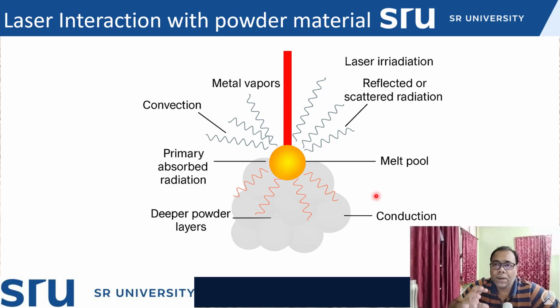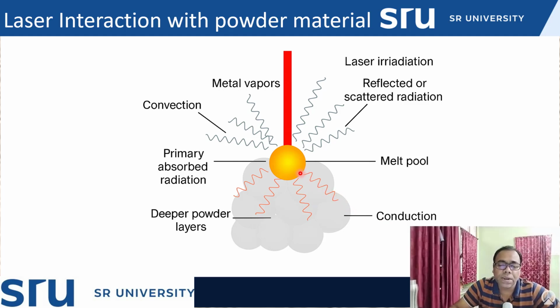When the laser energy falls on the powder material, some of the energy will be reflected back, some will be transmitted into the powder, and some will go for reflections also. So not all the energy goes to heating; that's why there will be some convection, some conduction, and reflections. Sometimes the powder becomes a vapor.